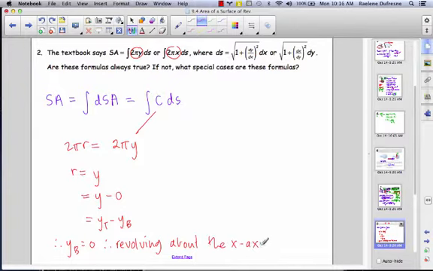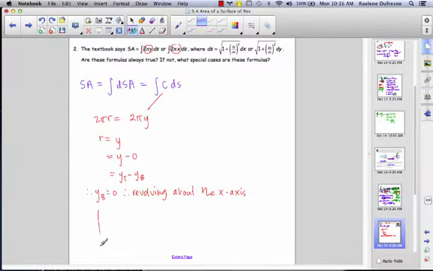So we do have to be very careful. This is a special case formula if we are revolving around the x-axis. What if we were revolving around some other horizontal line, say y equal to -1? Then this expression would not be true because the radius would be y minus -1, and we would have to have 2 pi times y plus 1 instead of 2 pi times y.